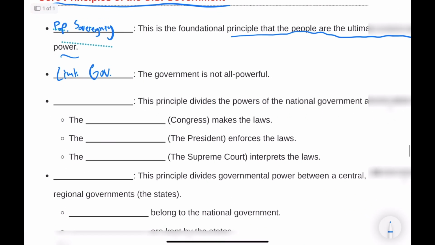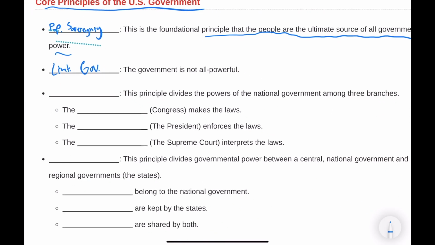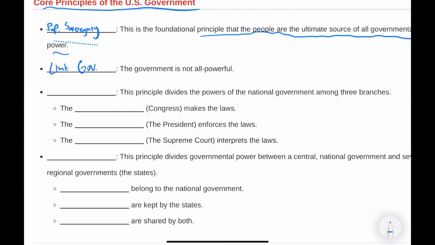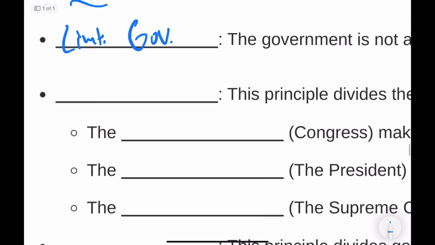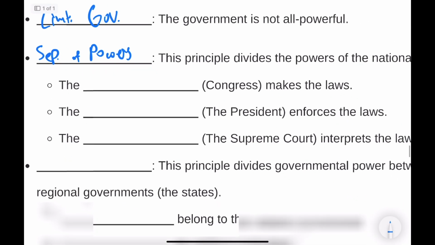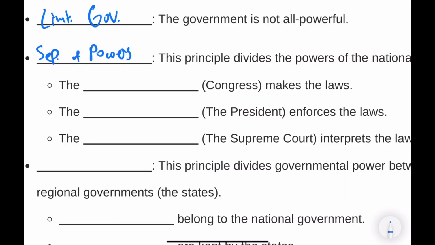Here, the principle divides the powers of the national government among 3 different branches, and we call that the separation of powers. And then our government has these 3 branches. This one makes the laws, that is Congress. That is also called the legislative branch.